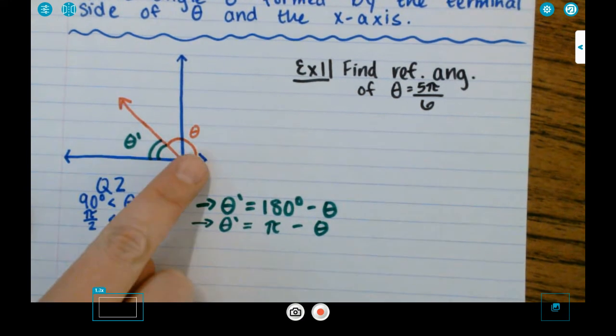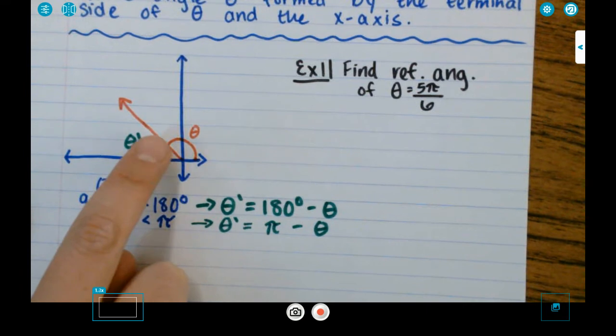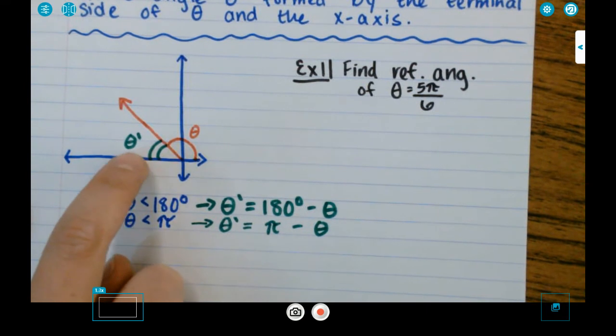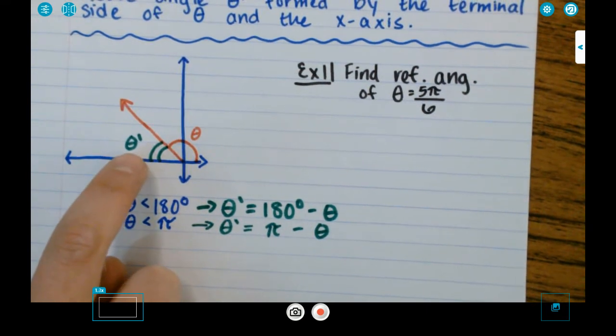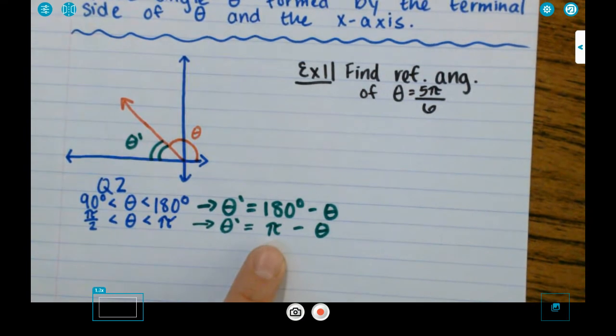So basically our red would be 5 pi over 6. We're trying to find the green. So 5 pi over 6 plus what gets us all the way to 180 degrees? Or you know, 180 degrees minus 5 pi over 6. We're actually going to do pi minus 5 pi over 6.